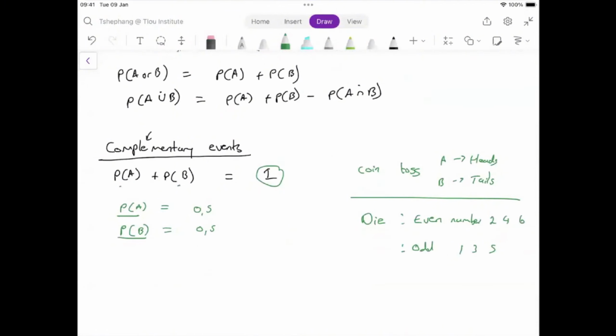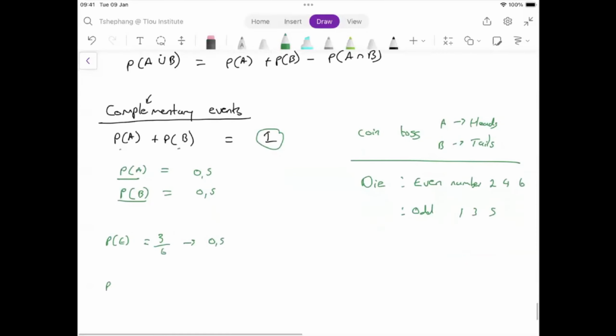Now, what is the probability of getting an even number on our die? Anyone? The probability of getting an even number, it's 3 over 6. And 3 over 6 is the same as what? 0.5. Now, what is the probability of getting an odd number? It's also 3 over 6, and this simplifies to 0.5.